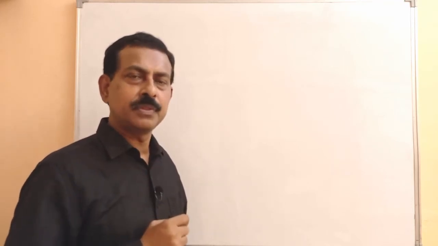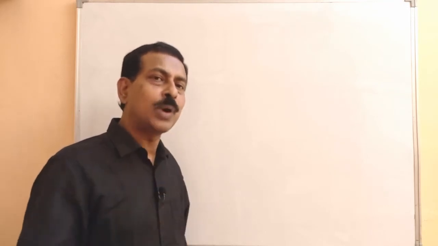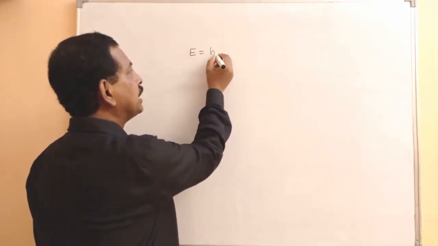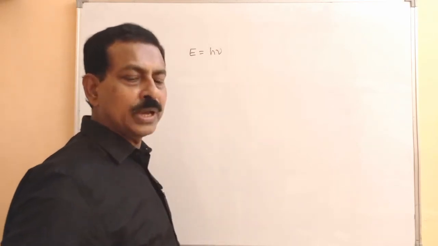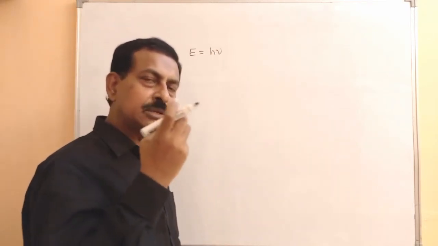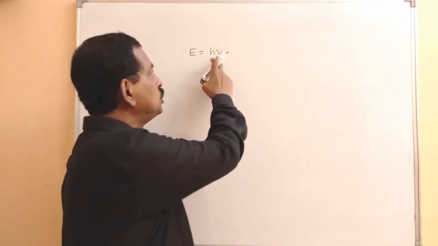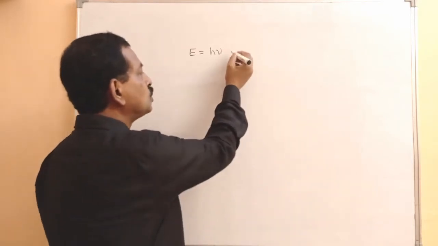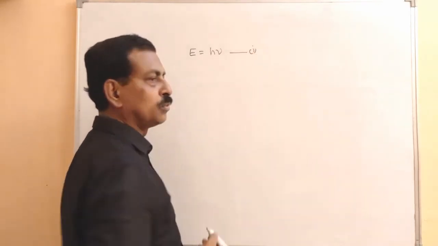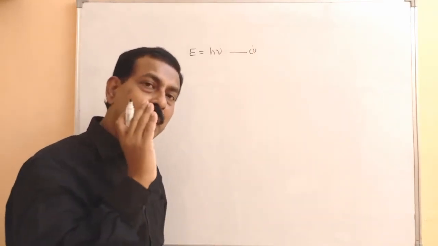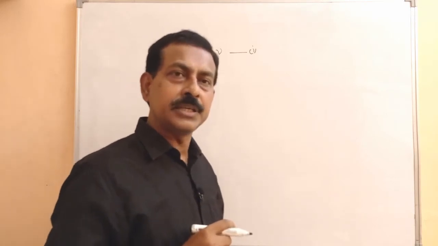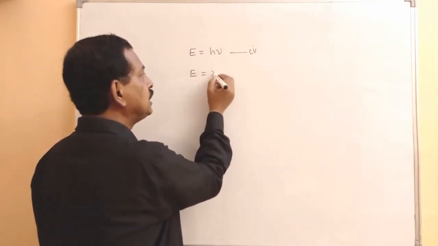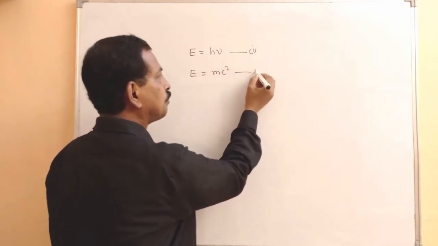Then from Planck's quantum theory, we have E given as h nu, where E is the energy associated with the photon and nu is its frequency. Suppose I call this equation 1. From Einstein's mass-energy equivalence relation, we have E equals mc squared.